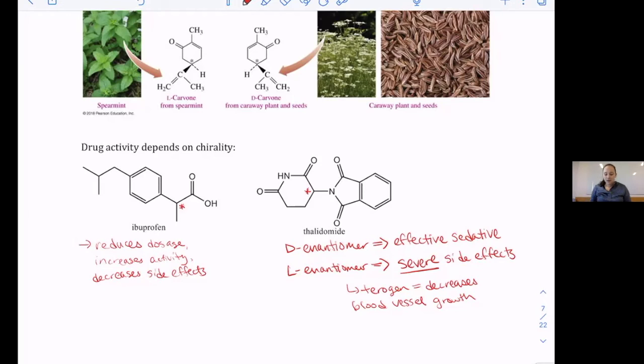And so in 1961, this molecule was taken off of the market as an effective drug, but in all of the other uses for it, it was completely fine because it didn't affect the growing of something, right? If you took it for something else and you weren't pregnant, it was fine because your blood vessels had already grown. But for a fetus, it was a really bad situation.